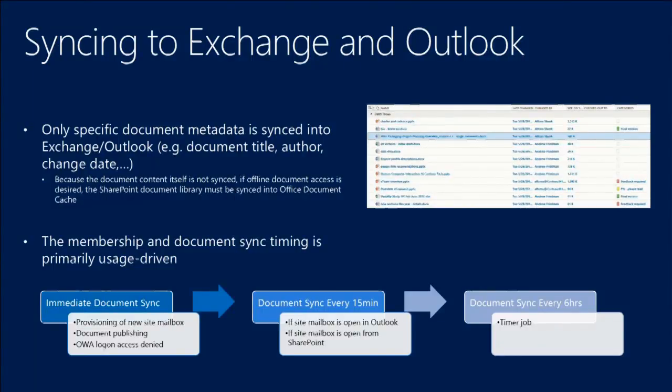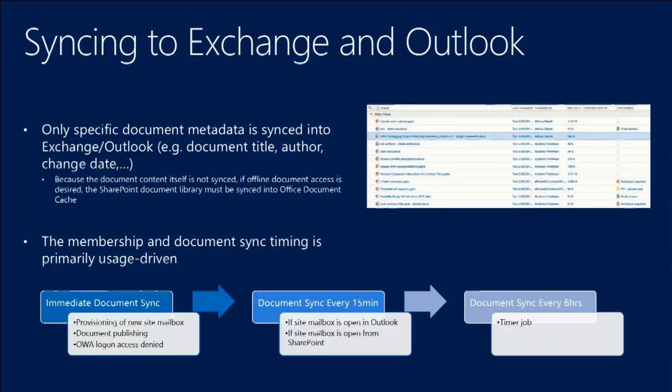So the list of documents that you see here on the right is essentially just a list of links that Exchange and Outlook have that allow them to easily refer to the documents. And in particular, this bullet reminds me to call out that that is what allows us to get the benefits of co-authoring and collaboration against the SharePoint server.